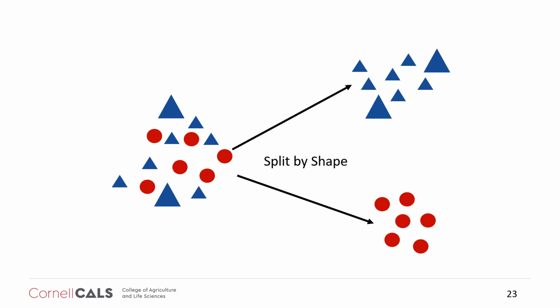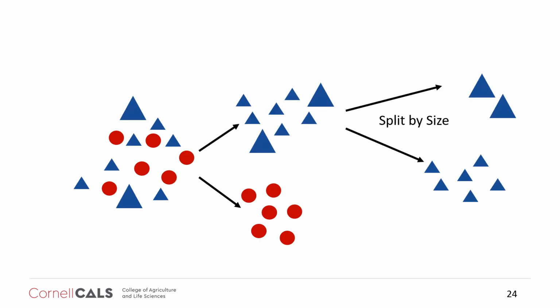Depending on whether it is triangular or circular, we can first split by shape into two large groups. Then, based on the size of the shape, we can further split the triangles into large triangles and small triangles, so these subgroups are more homogeneous.